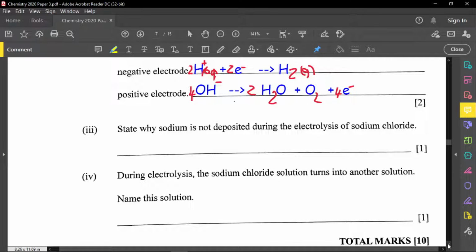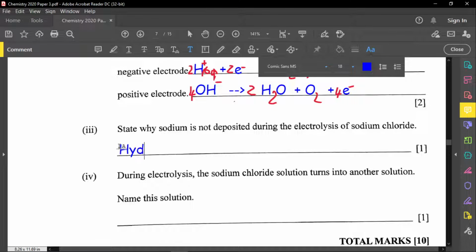So the reason why hydrogen is being discharged over sodium is simply because hydrogen is more reactive. Okay, so it's more reactive. And another way to say it is, you can say it is less stable. So it's more reactive or less stable. Okay, so therefore it will take the electrons faster than the sodium.